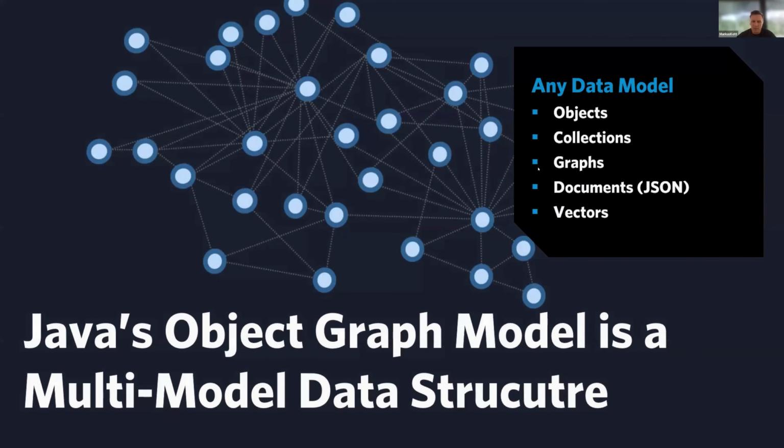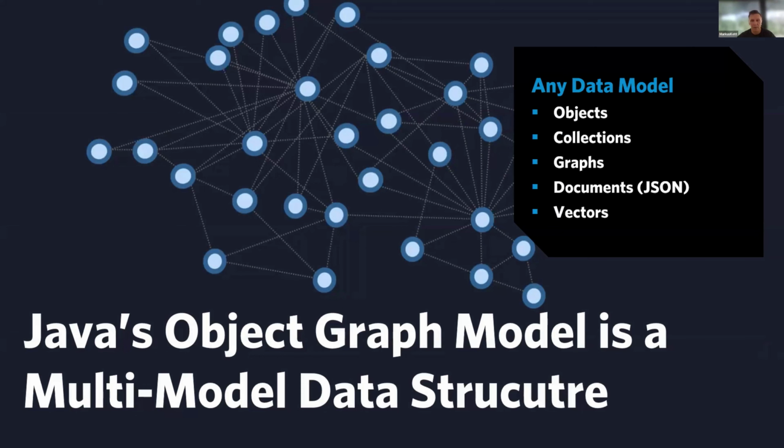And we don't have to think about data structure. With Java, we have objects, the perfect data model, the perfect data structure, and it is a multi-model data structure from the beginning, because we can store simple values, we can deal with lists, collections, graphs, documents, everything is possible.